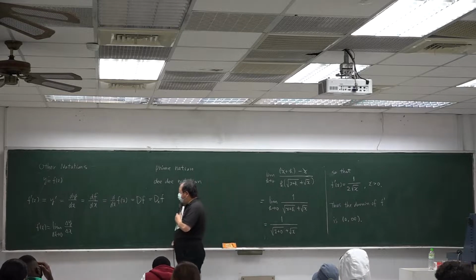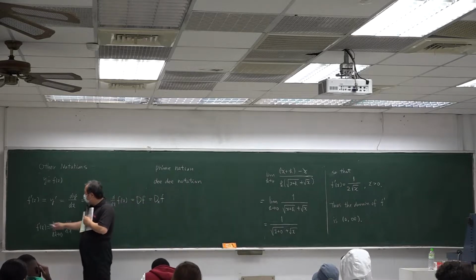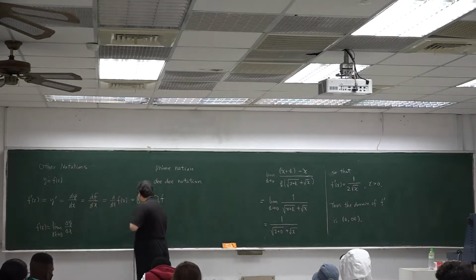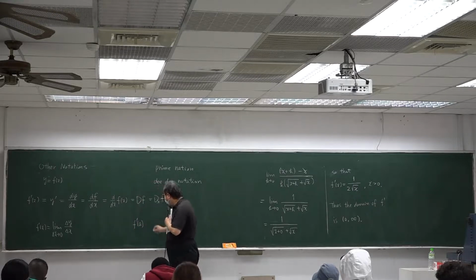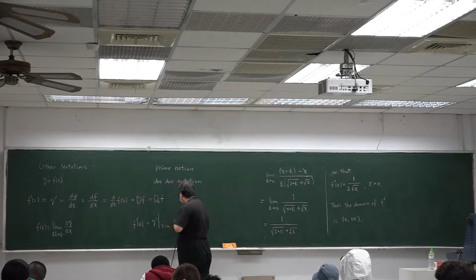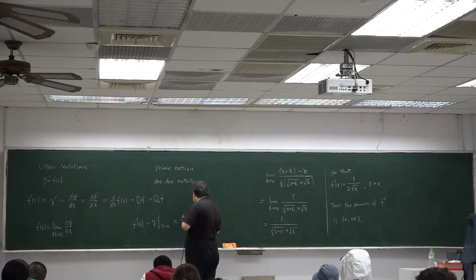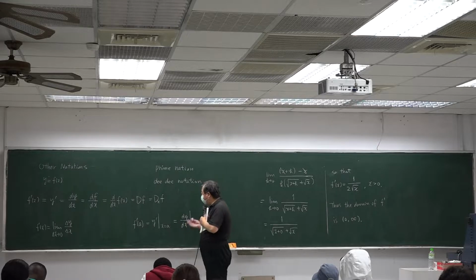And before, when we used the prime notation, the derivative of the function f at some number a, now becomes y prime of x equals a, or dy dx at x equals a, and so on.